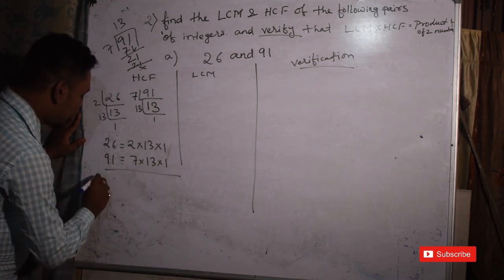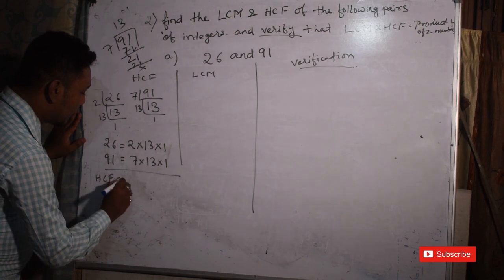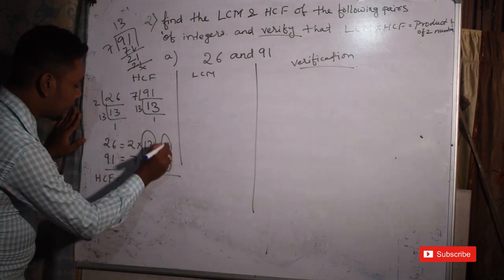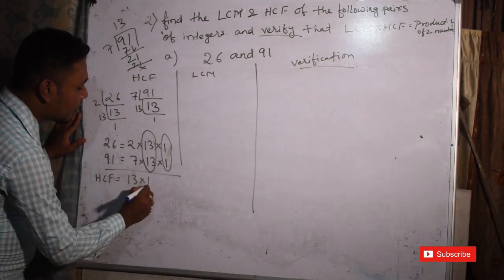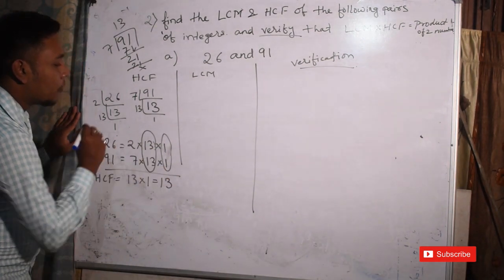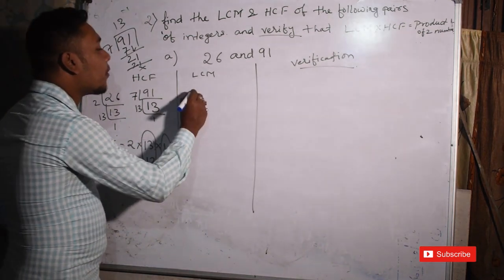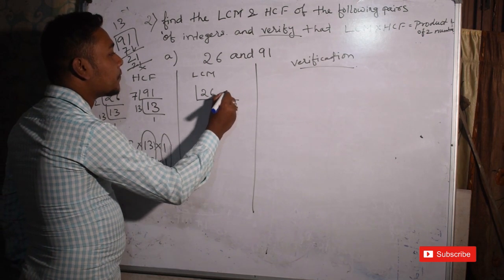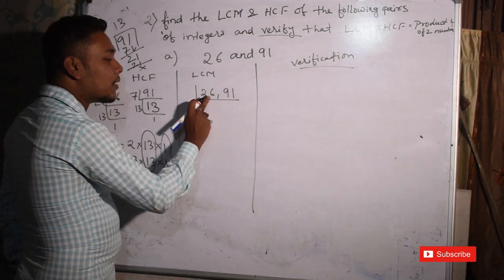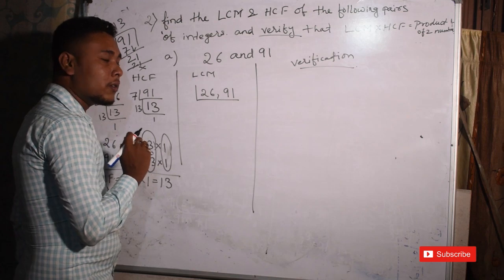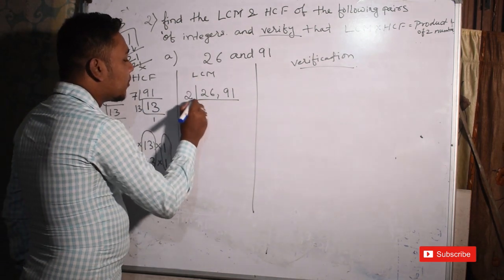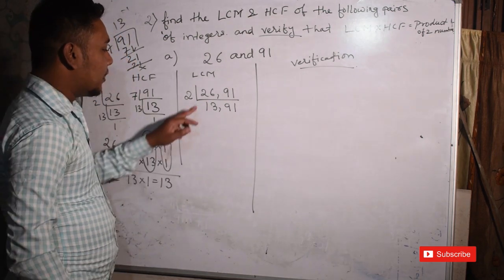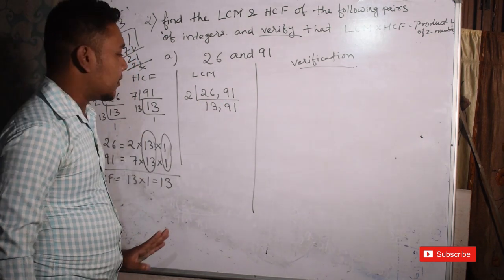Therefore HCF equals 13 into 1, which is 13. We got our HCF. Now for finding LCM, we require both the numbers together. By 2, this number goes, but this does not, so we divide it. Now this number remains as it is.